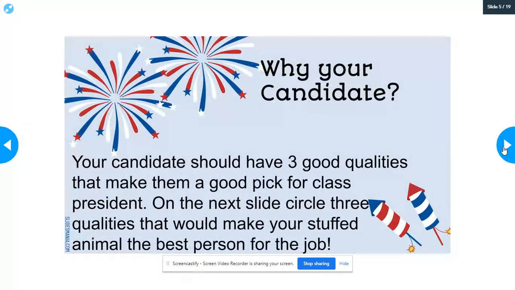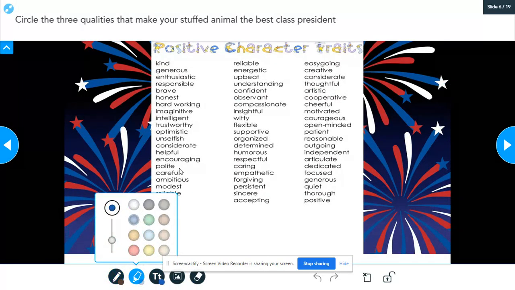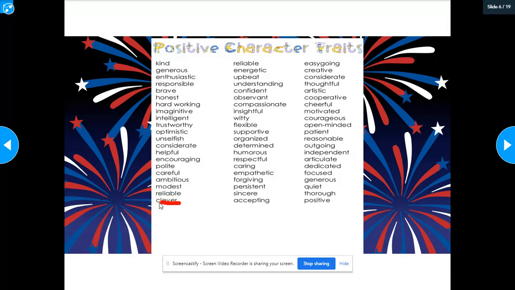So why your candidate should have 3 good qualities that make them a good pick for class president. On the next slide, you're going to circle 3 qualities that would make your stuffed animal the best person for the job. So on here, you're going to do the highlight feature, or you could do the underline feature.